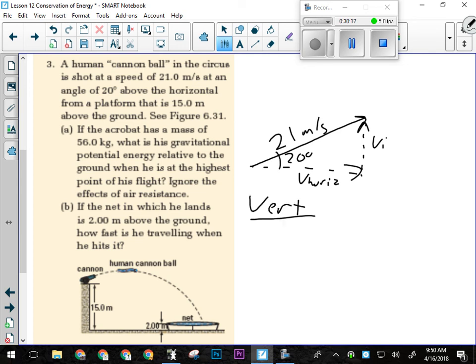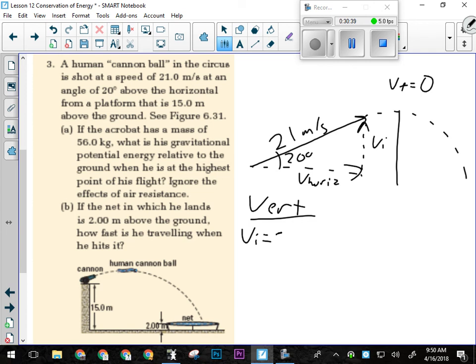So initially, if I want to calculate how high he gets while he's flying, I need VI, because I know VF at this point, vertically speaking, is 0. His actual speed isn't 0, because he's going to be moving, but his velocity vertically at that point is 0. So if I can find out what VI is, I can find his height.